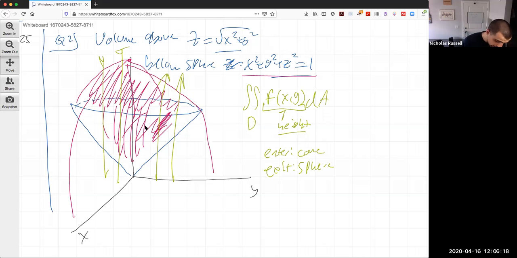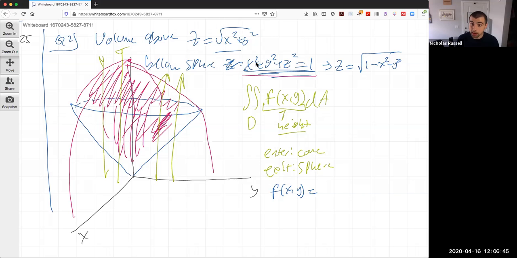Well, I have to be a little bit careful, because I would need to convert this to something I'll be able to use a little bit more. So what I could do here is solve this for z and get the square root of 1 minus x squared minus y squared. Again, I'm not taking the plus or minus route, because I'm just talking about the top part of the cone. So my height here, my f of x y, can actually be this top height subtracted from this height.